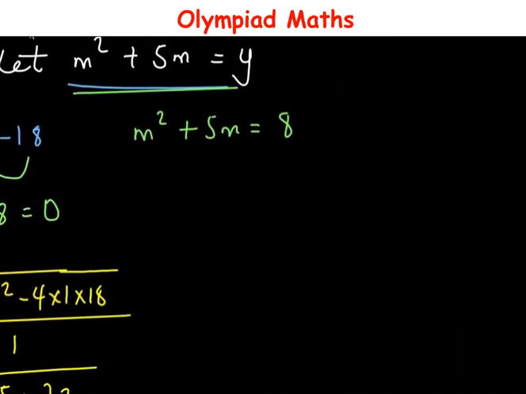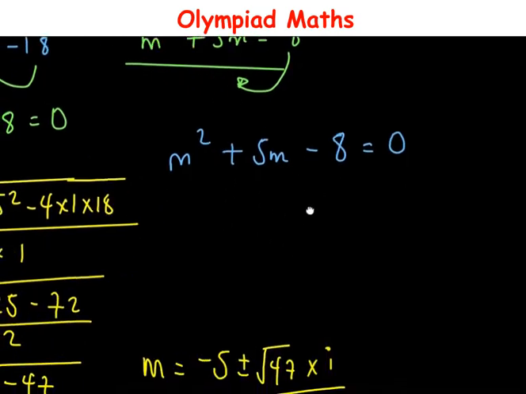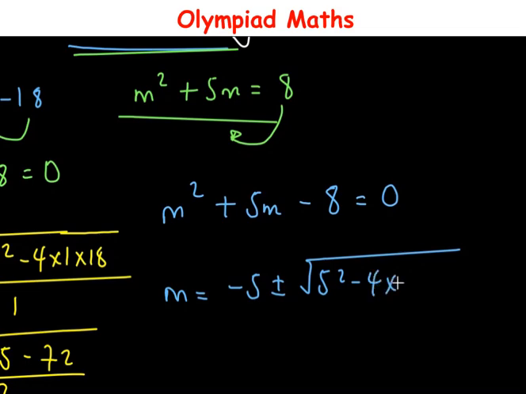Now, for the other equation, which is this, okay, move 8 over to this side. We have this equation to become m squared plus 5m minus 8 is equal to 0. Also, to solve this equation, we're going to make use of the quadratic formula such that according to the formula, the solution for m is equal to minus 5 plus or minus square root 5 squared minus 4 times 1, then multiplied by minus 8, all over 2 times 1.